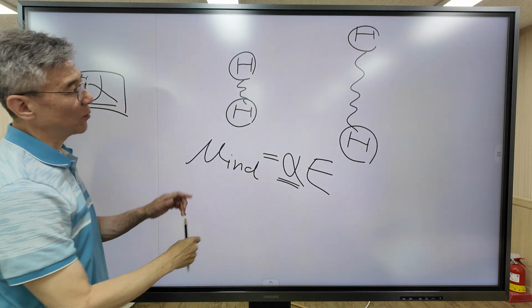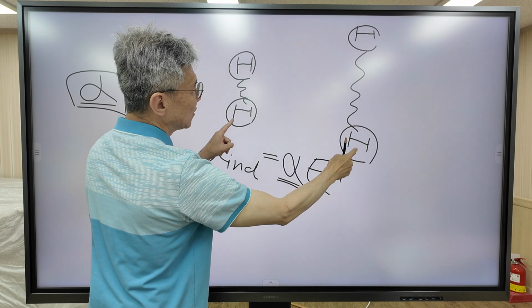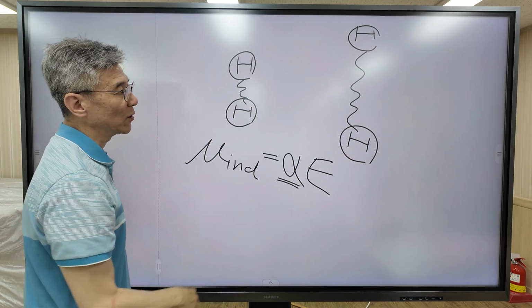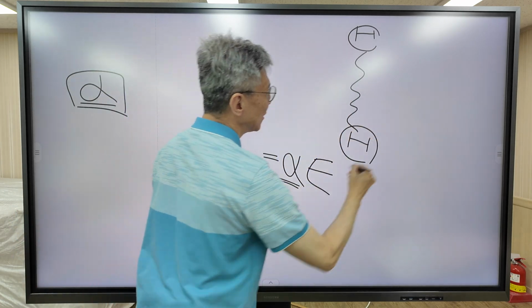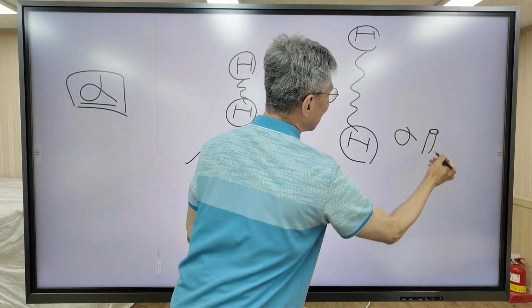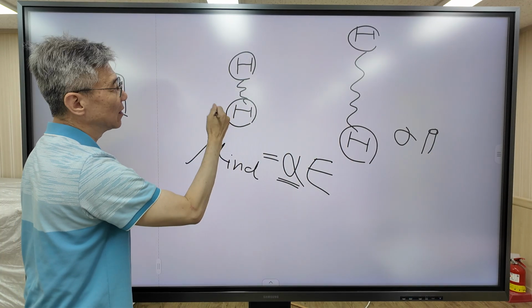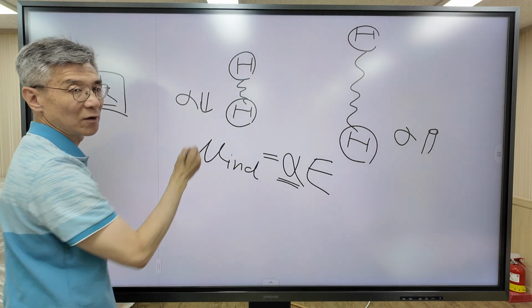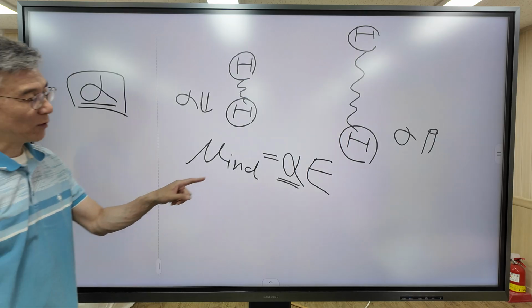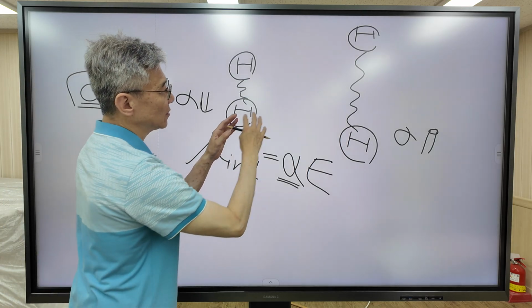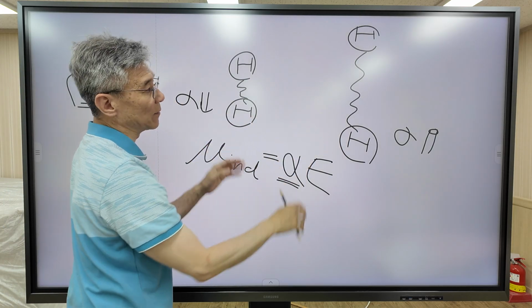When you compare the polarizability of these states, it is different. When the molecule is in this state, polarizability increases. When the molecule is in this state, polarizability is small. So the polarizability depends on the vibrational state of the molecule.